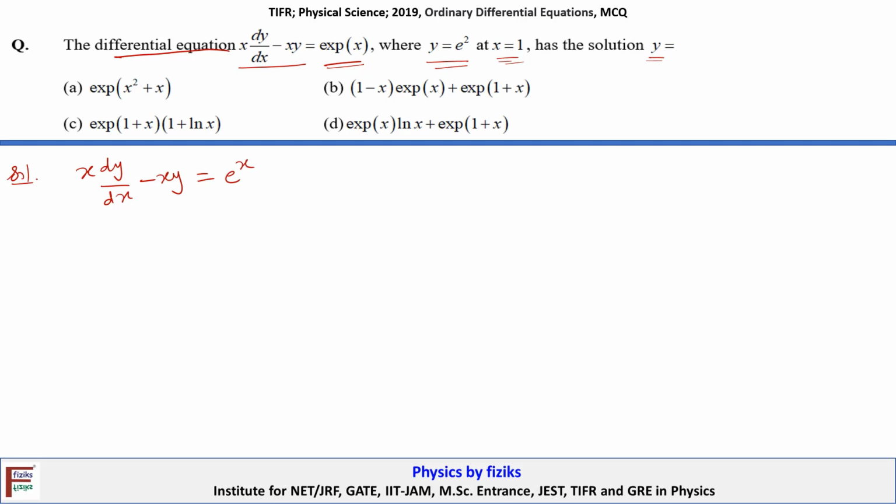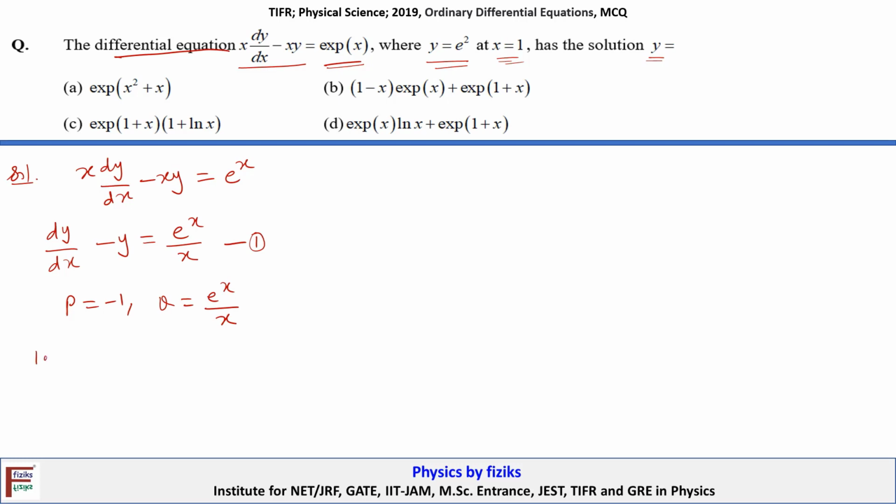Now dividing this equation by x in each term, we obtain dy by dx minus y is equal to e to the power x divided by x. On comparing this equation with the general first order linear differential equation, we can write p is equal to minus 1 and q is equal to e to the power x by x.